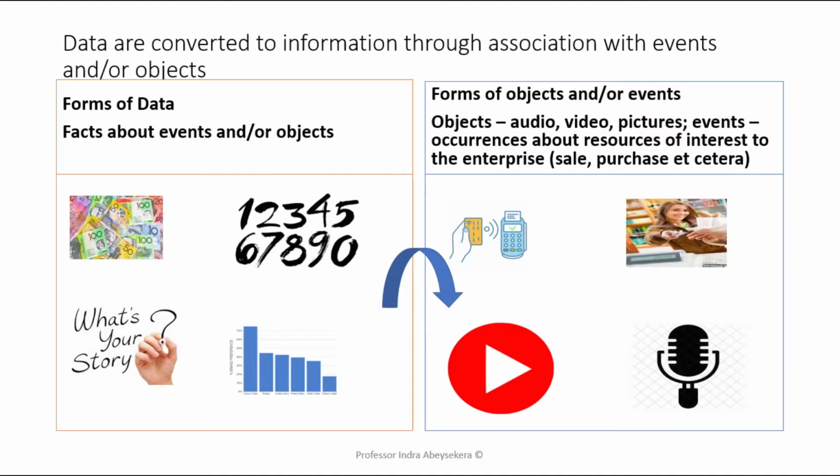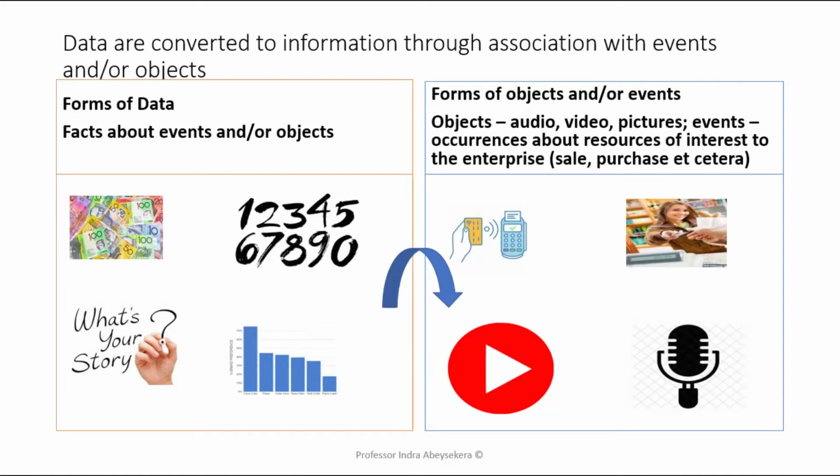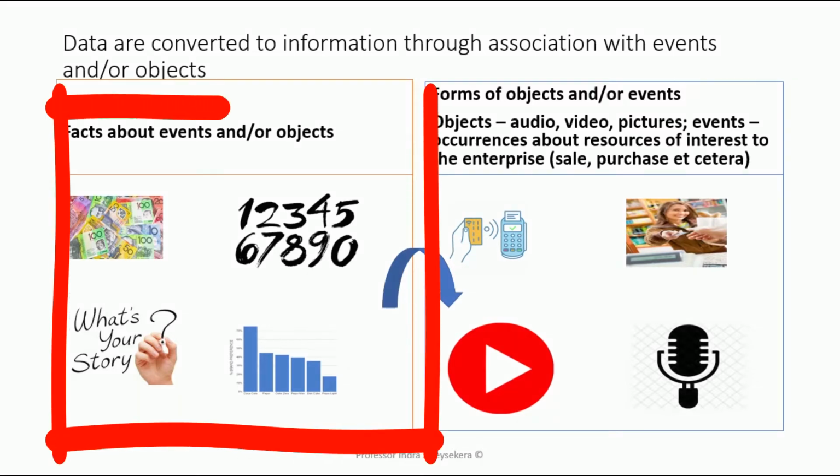How does data get converted into information? It is through association with the events and or the objects. There are various forms of data, and data are facts about events and objects.